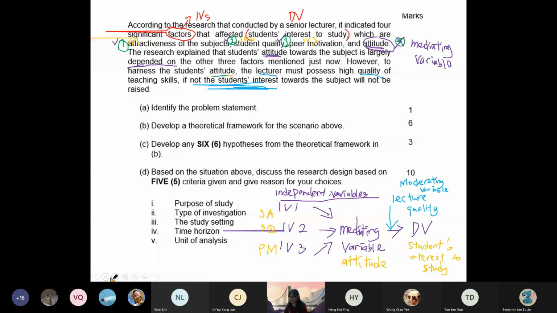Definitely, you no need to worry about your final exam. It includes independent variable, mediating variable, moderating variable.